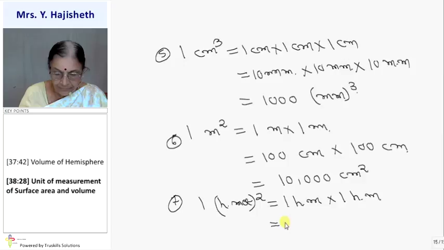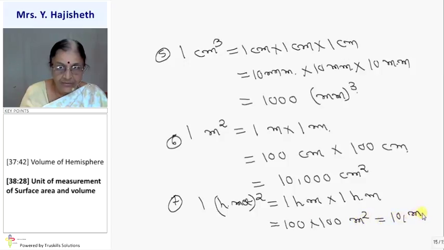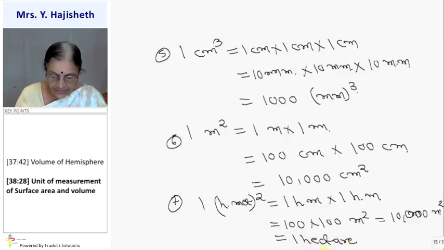Okay. So 100 into 100 meter square. So it is 10,000 meter square. 1 hectometer square is also called 1 hectare. So 10,000 meter square is 1 hectare. Clear?